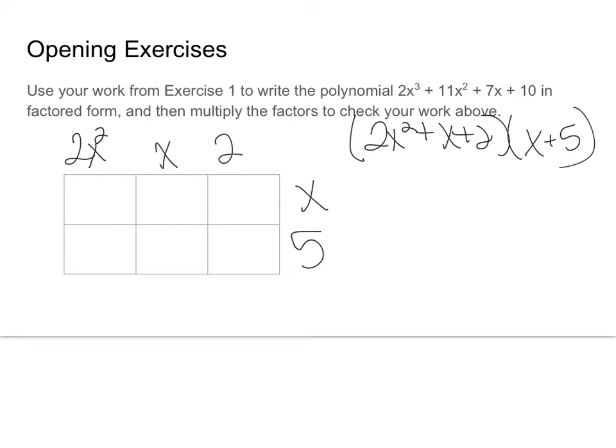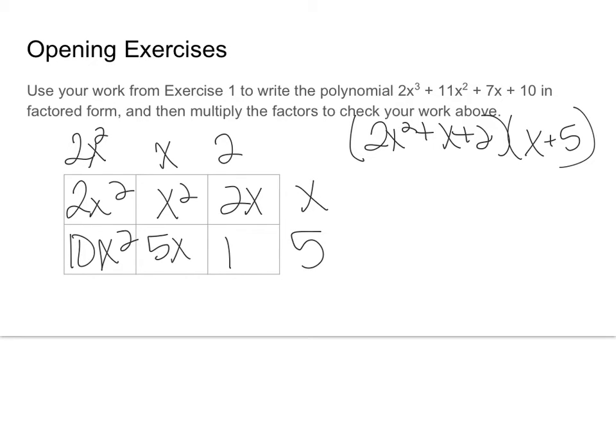So if you remember, we multiply columns and rows, columns and rows. So 2x squared times x, 2x cubed, x times x, 2 times x. 2x squared times 5, x times 5, 2 times 5. And then we add diagonally.